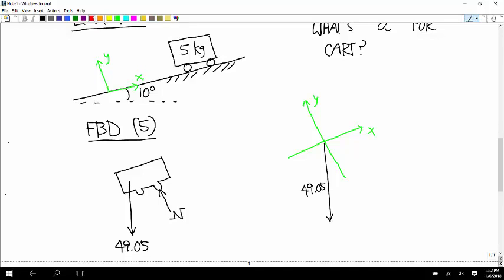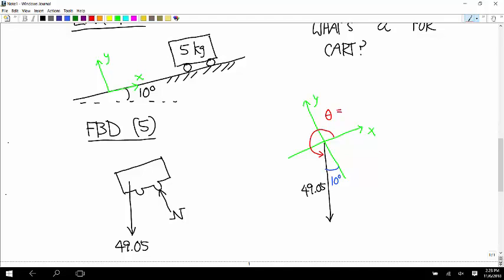To represent this in terms of cosine and sine, we want to know the counterclockwise angle from our x-axis to the weight force. So we want this angle. This one is 10 degrees. So what's our theta going to be in this case? 260, yep. If you went all the way around back to the green line, it would be 270, right? 90, 90, 90.